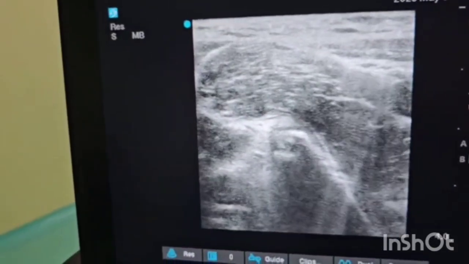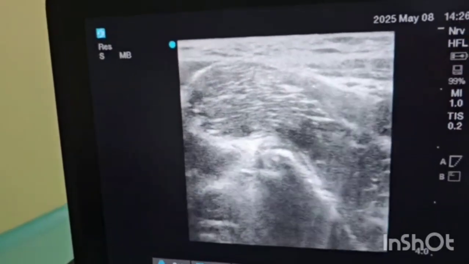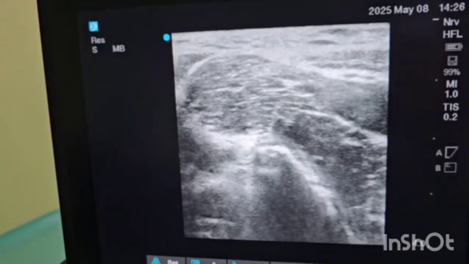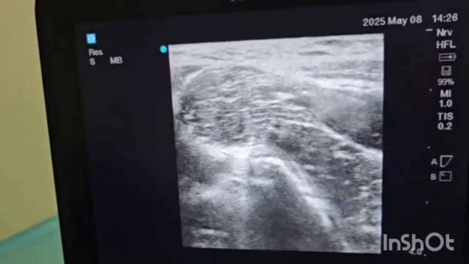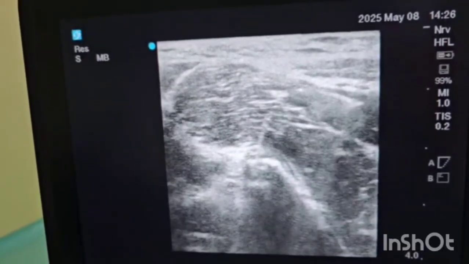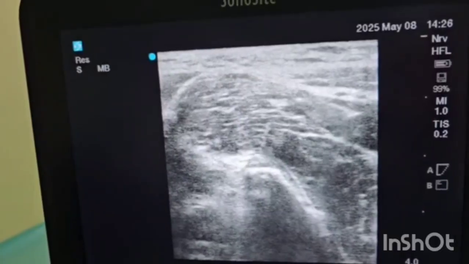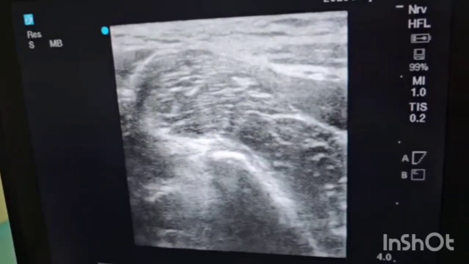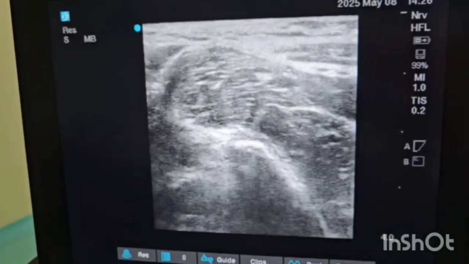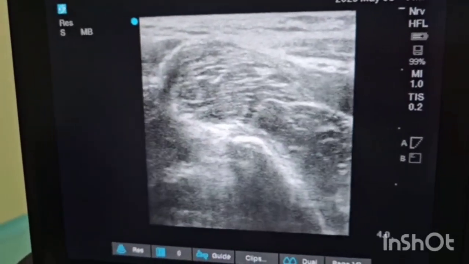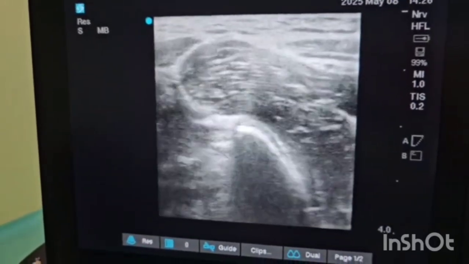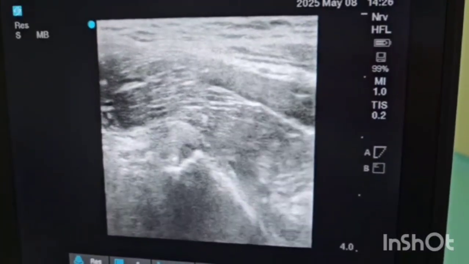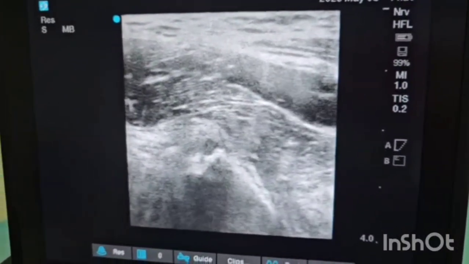So once the drug is injected, the needle is taken out. You can see the needle path and the drug. The needle is removed and the drug is deposited under the fascia iliaca.